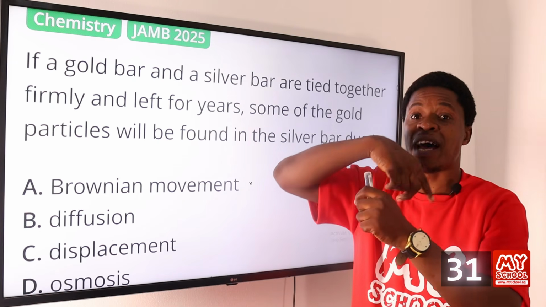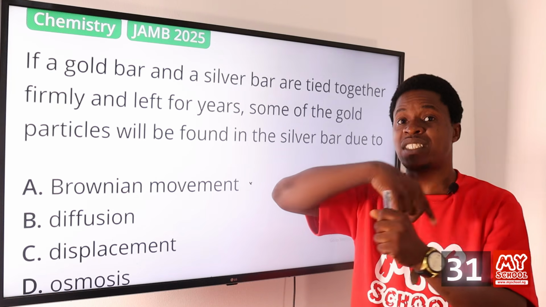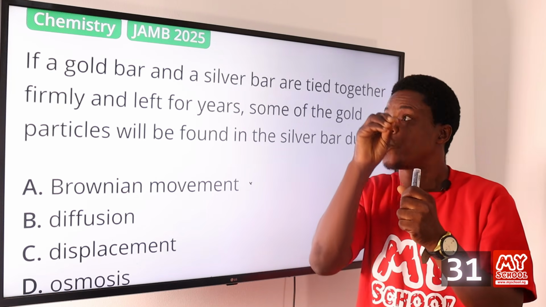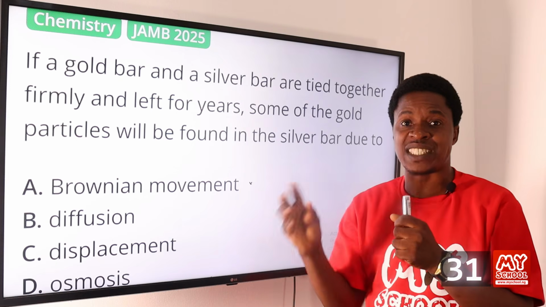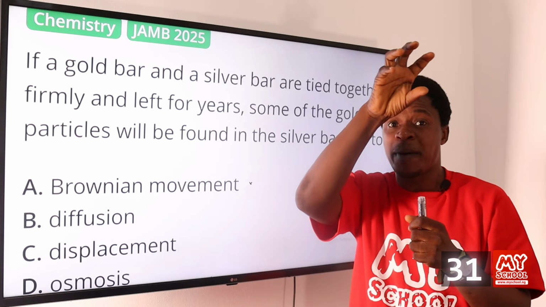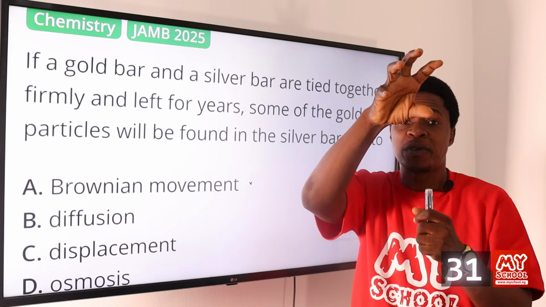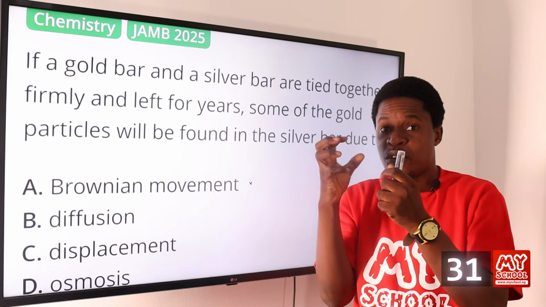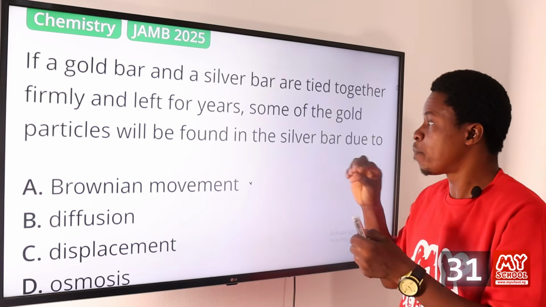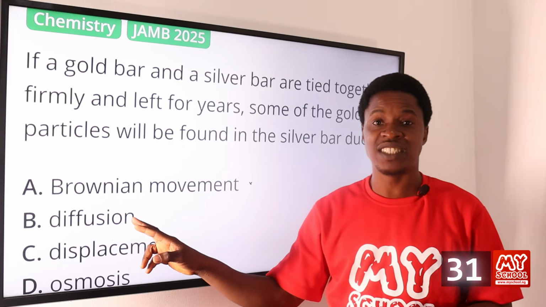But because they have stayed for a longer time, for years tied together, you begin to see the deposit of gold on that silver due to diffusion. The diffusion is in solids because the particles of that gold begin to diffuse. Of course, they are found in solid form on the silver bar. You begin to find particles of that. So diffusion, yes, it can be.